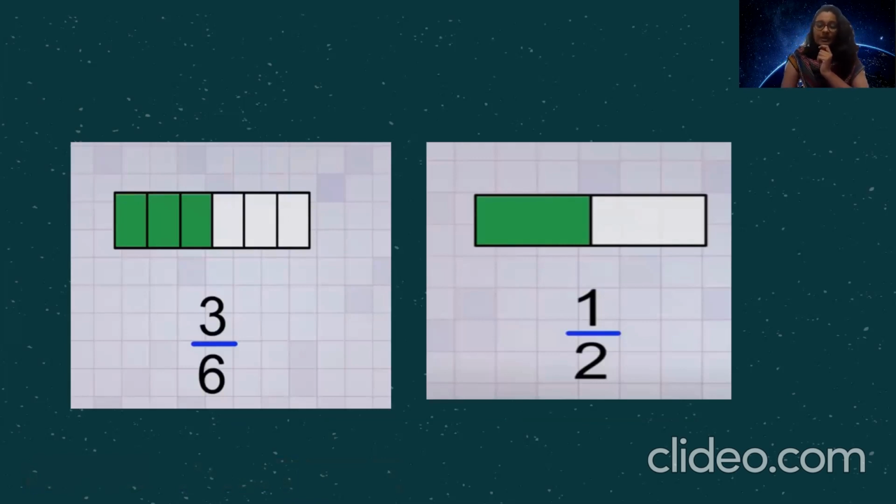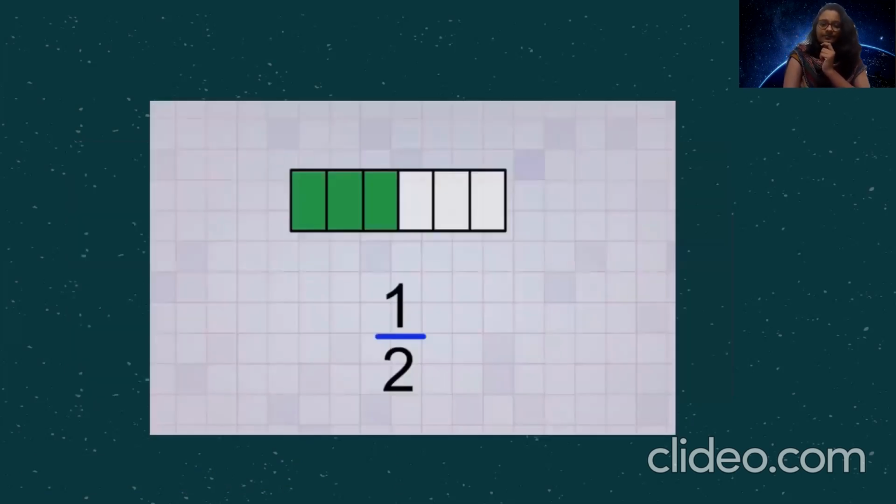But if you see, the green color shaded area is equal. Whether I divide into 6 and take 3 parts or divide into 2 and take one part, both are equal. It is the same diagram I showed first. In that diagram also it was the same chocolate bar, but in that I divided into 2 parts and I took 1. But here I am divided into 6 parts and I am taking 3, but still the quantity of how much I am taking is the same.